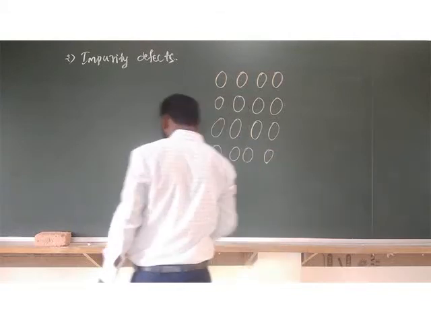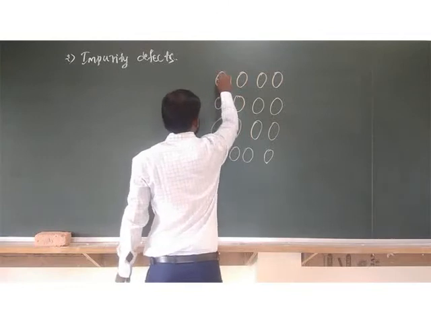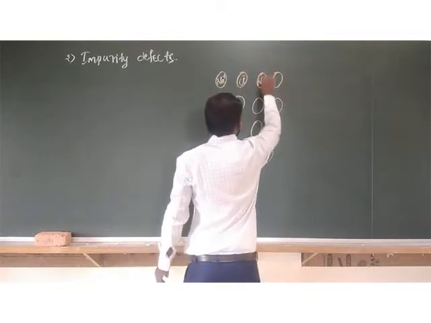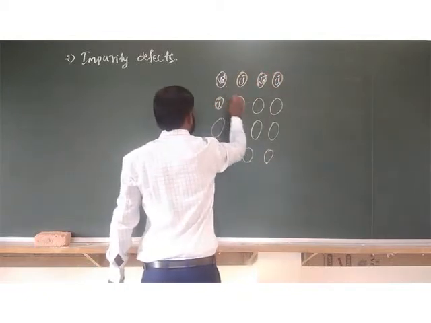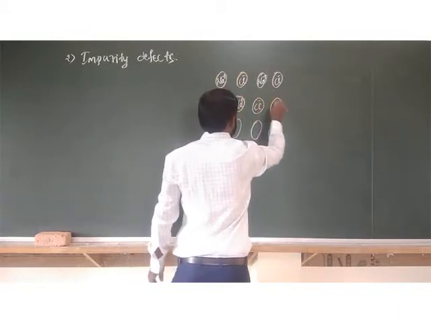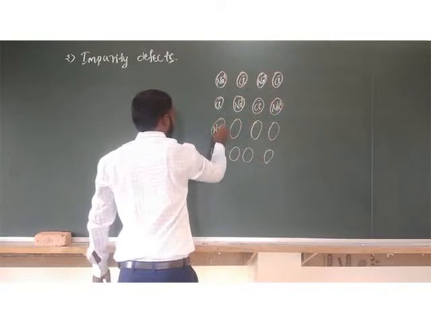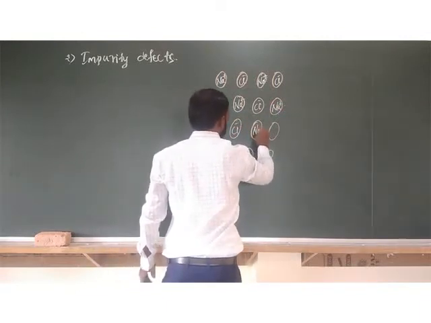Let us take an example, sodium chloride, NaCl. So this is the Na+ Cl- ion, Na+ Cl- ion, Cl- Na+ Cl- Na+, and Na+ ion, Cl-, Na+ ion, Cl-.